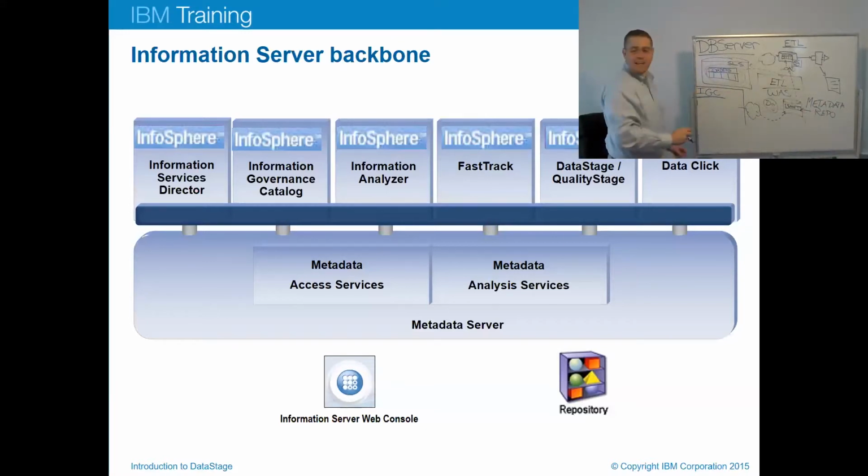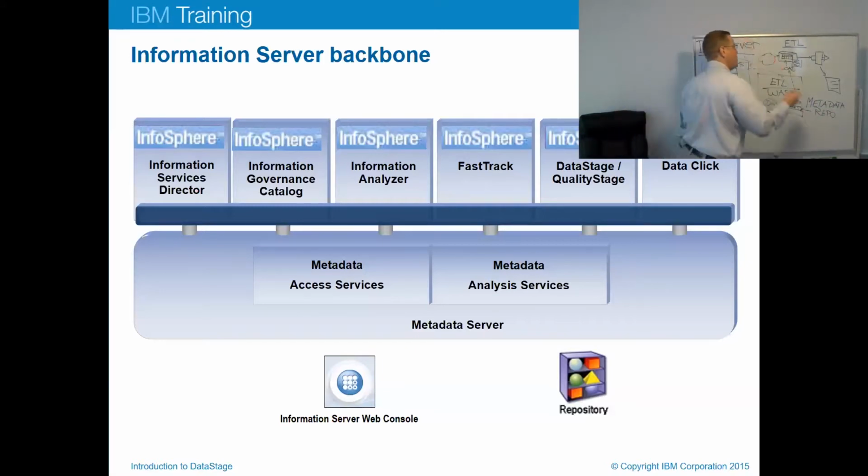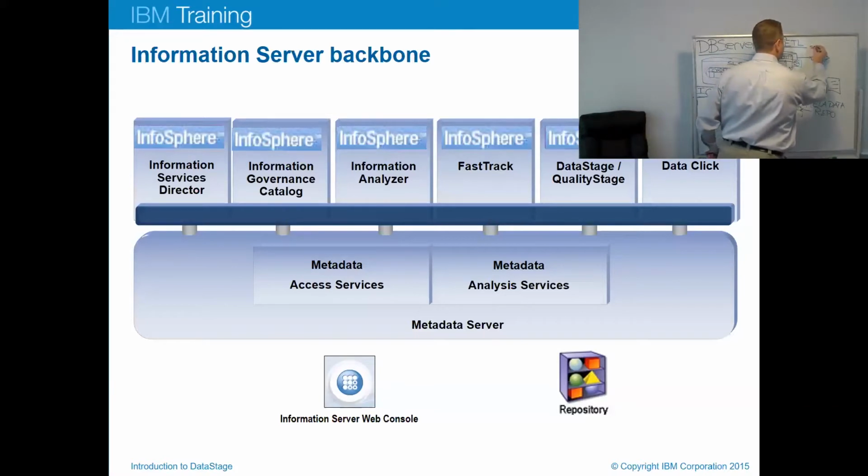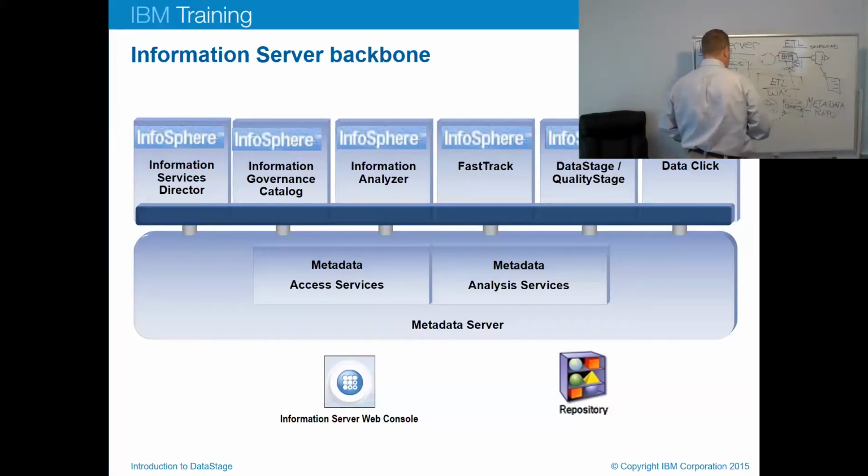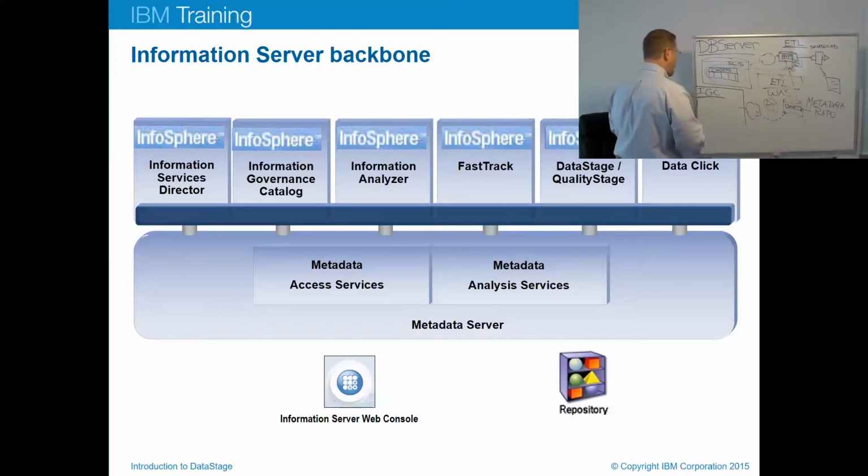And what is the governance catalog going to tell me? It's going to tell me that there's a job. Let's say we call this job sales load. So the name of this job is sales load. What the governance catalog will tell me, without me doing anything else, without us doing any other hands-on work, the governance catalog will show me technical data. So I'll put a T next to that for technical data.